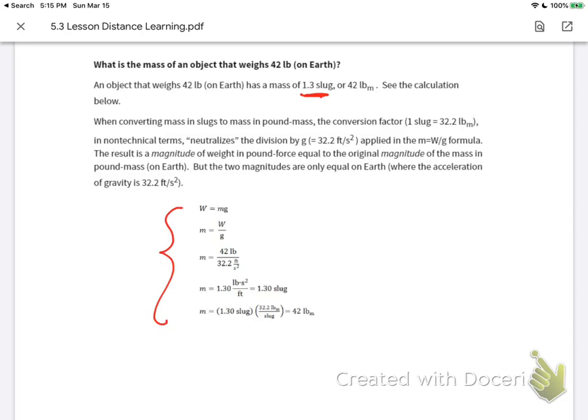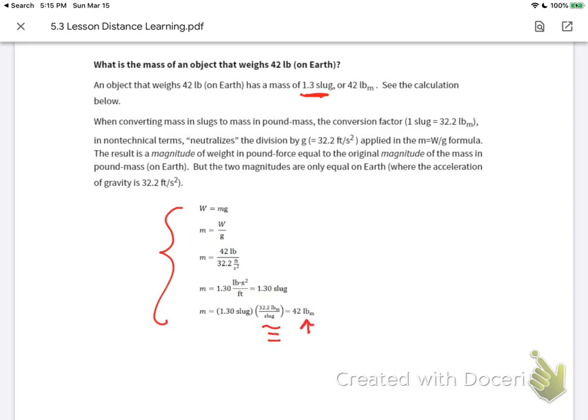This gives us a mass of 1.3 slug. But you don't usually walk around talking about how much something weighs in slugs. So we then use this conversion factor right here to get it back to 42 pounds mass. That's what you call this last term.